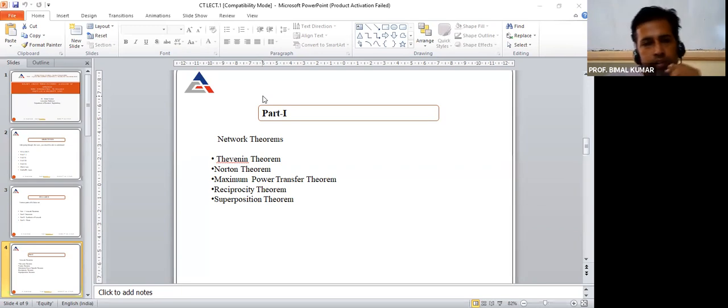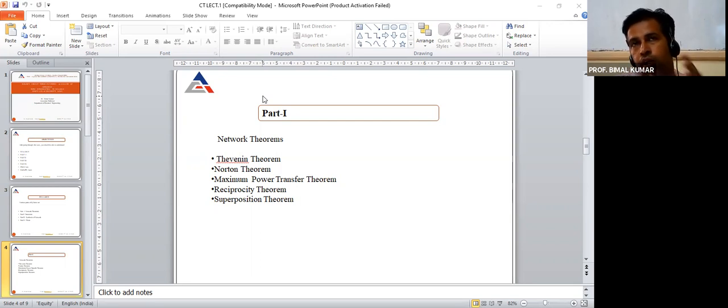After that, the maximum power transfer theorem. The basic statement is that power transfer across the load is maximum when load resistance is equal to the source resistance, the internal resistance of the source.